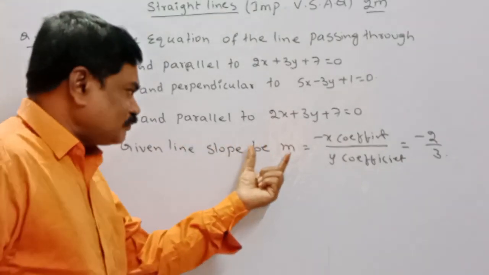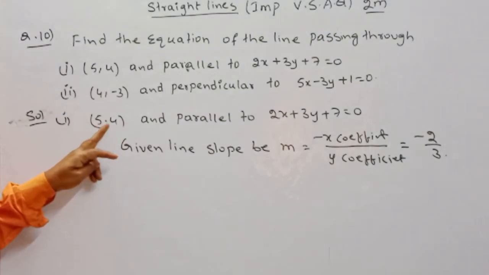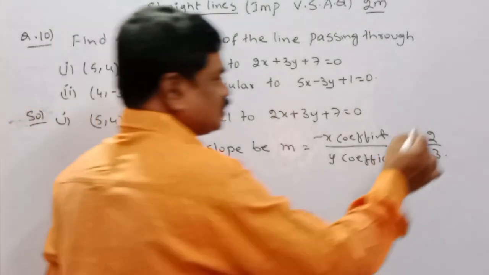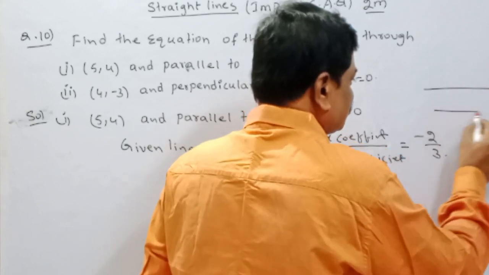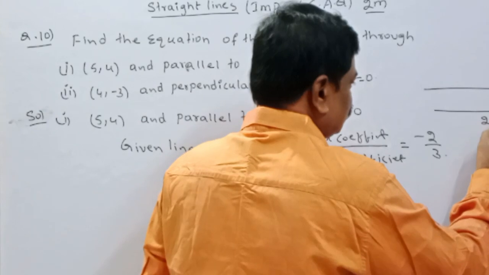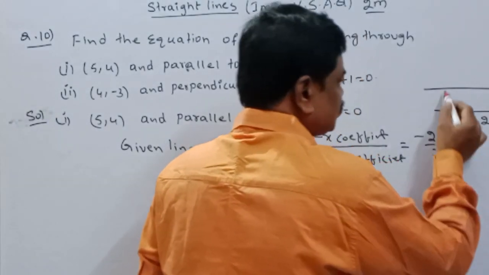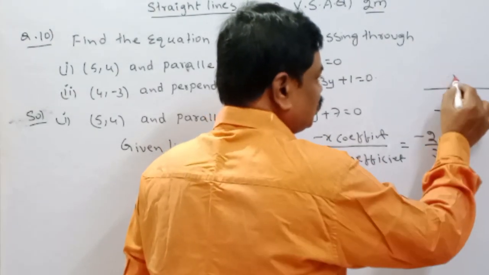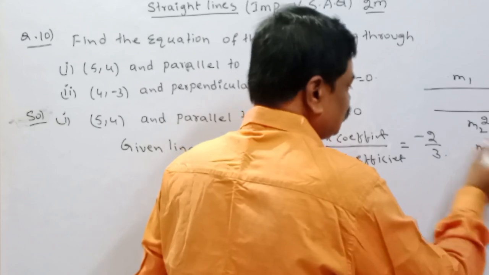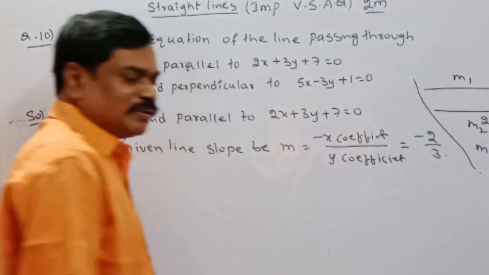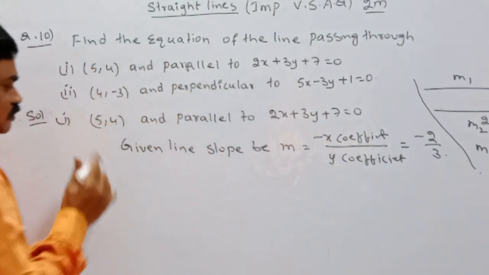Here, this is the line passing through (5, 4) and this is the given line 2x plus 3y plus 7 equals 0. This is m1, this is m2. When two lines are parallel, m1 equals m2. So the slope is equal to this one.